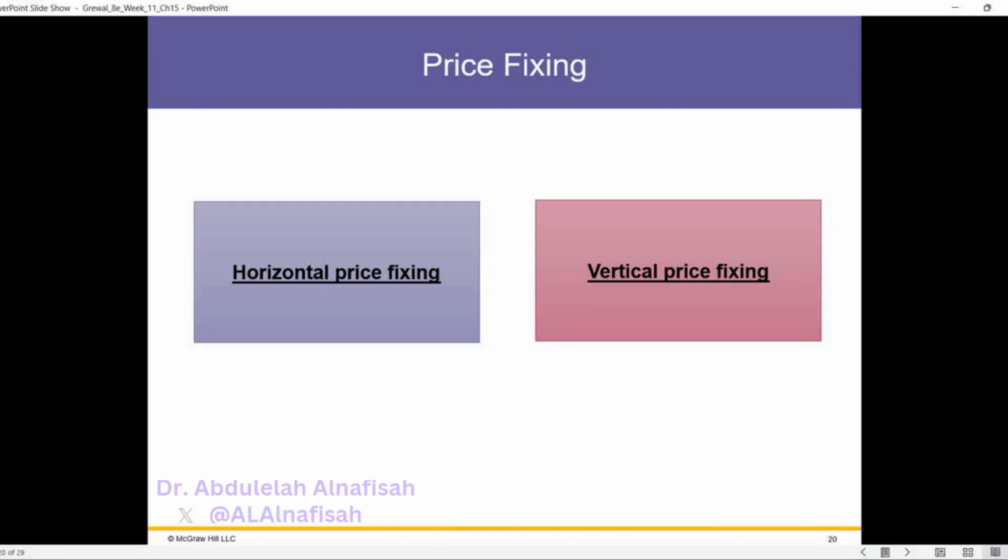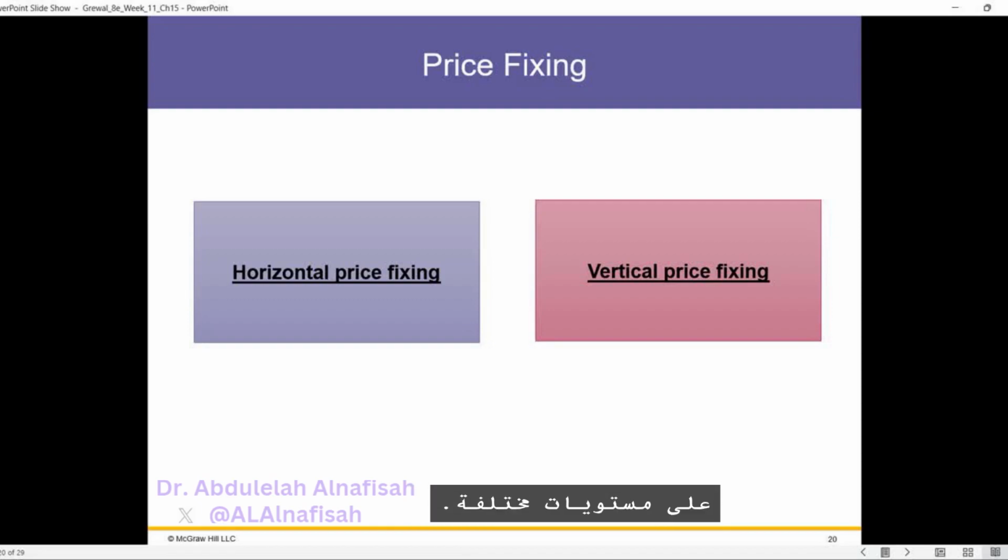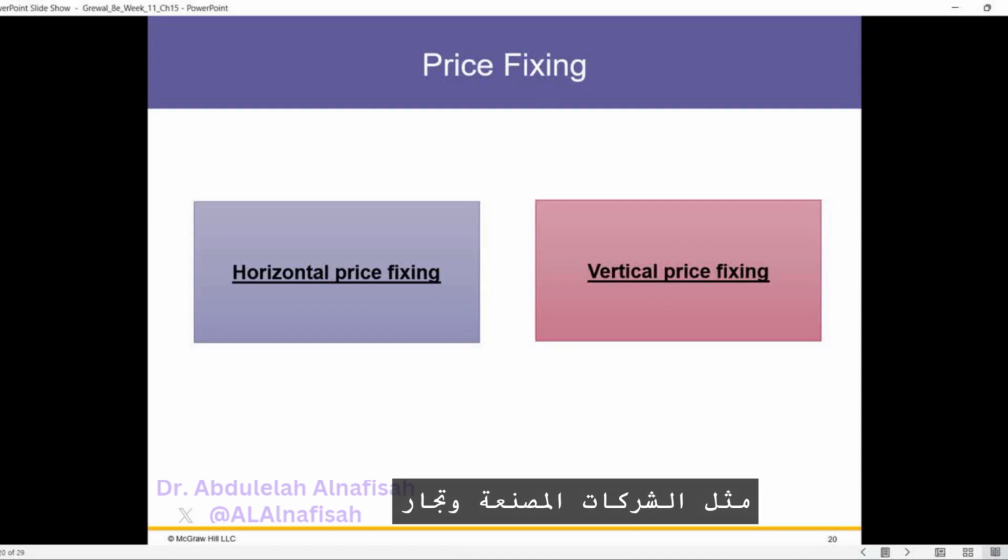Vertical price fixing, on the other hand, occurs when parties at different levels of the same marketing channel, such as manufacturers and retailers, agree to control the prices passed on to consumers. Manufacturers may set a suggested retail price, MSRP, to minimize price competition among retailers, incentivize complementary services, and support their merchandise.